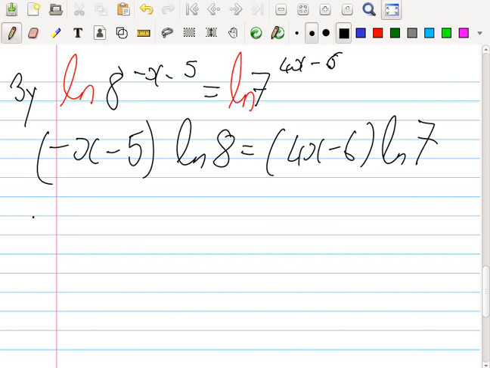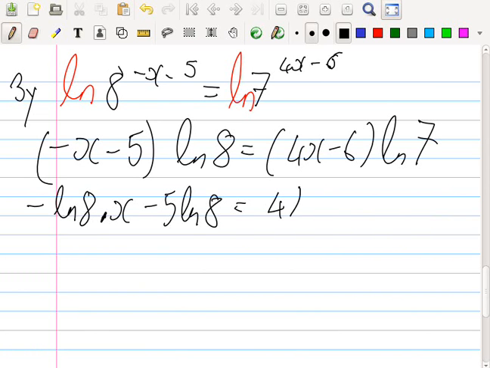Multiply. I'll write the log 8 in front. Minus log 8 times x minus 5 log 8 equals 4 log 7 times x minus 6 log 7.